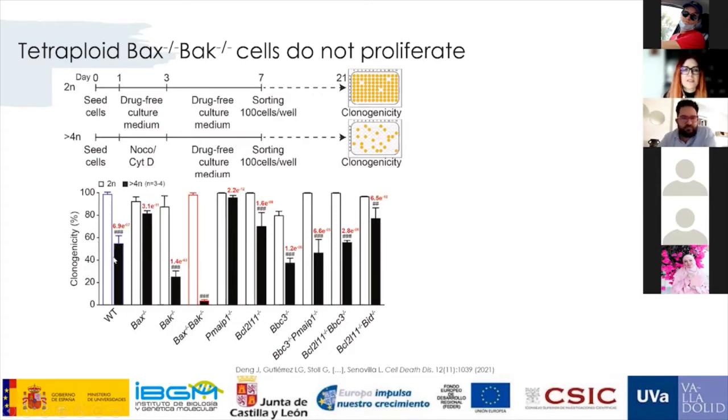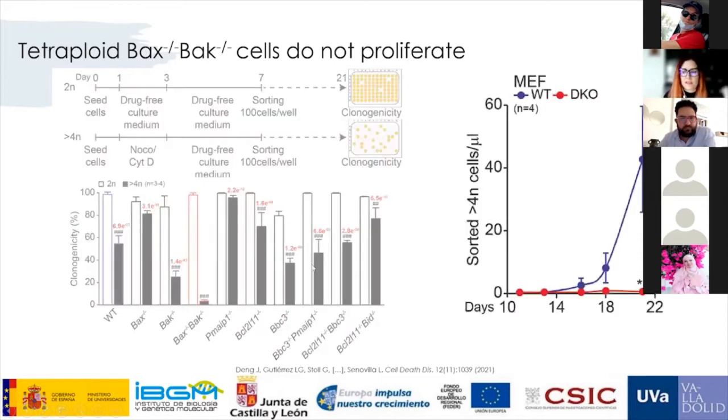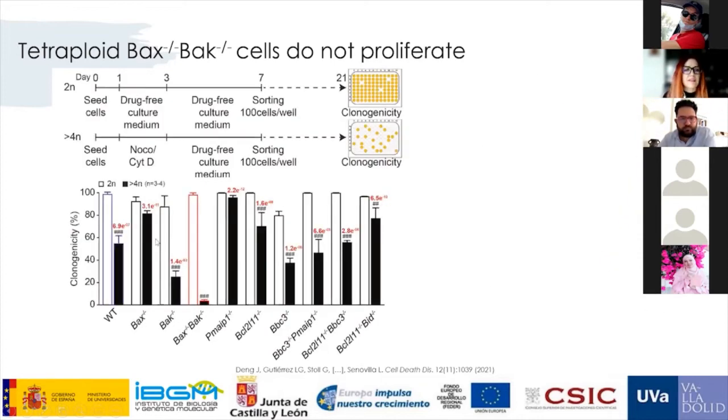We carried out this kind of experiment in wild-type cells and in the double KO cells, but also in the Bax single knockout cells, Bak single knockout cells, and other proapoptotic proteins, such as NOXA, BIM, PUMA, and different combinations of them.